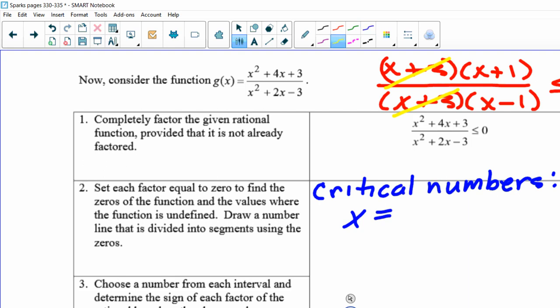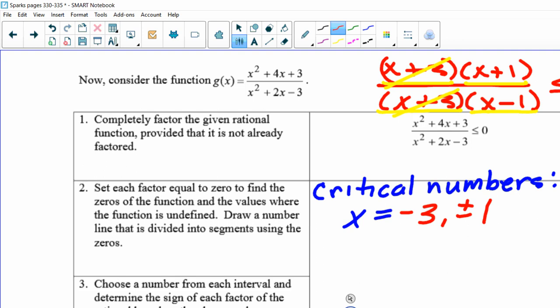What are our critical numbers here? Negative 3, negative 1, another negative 3, and 1. So negative 3, negative 1, and 1. So far, so good?